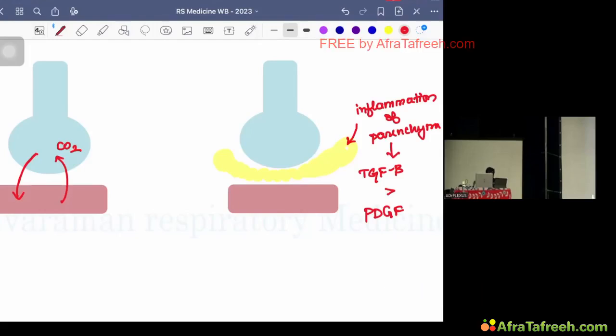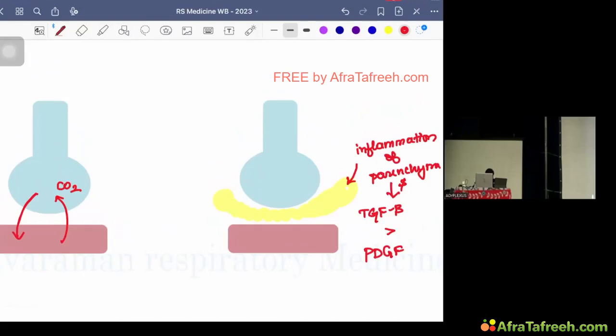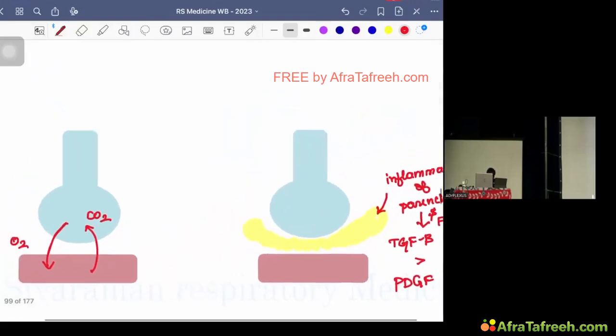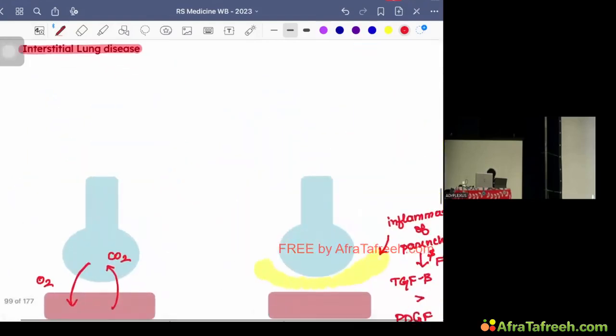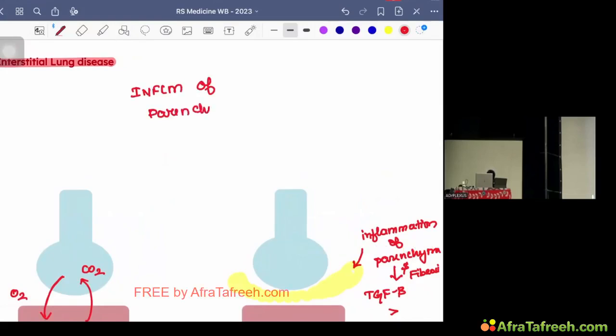This is what is happening in the interstitium. So this is a parenchymal inflammation and fibrosis also. This condition is characterized by inflammation of the parenchyma followed by fibrosis.